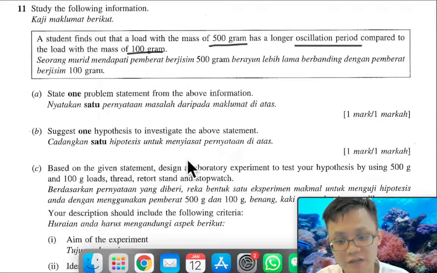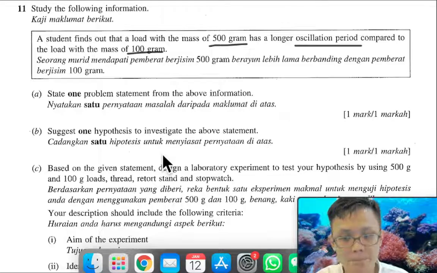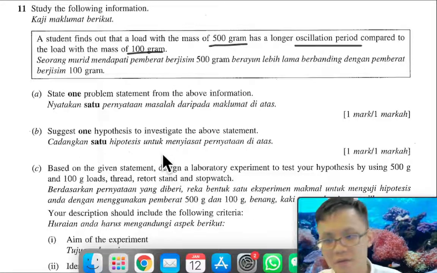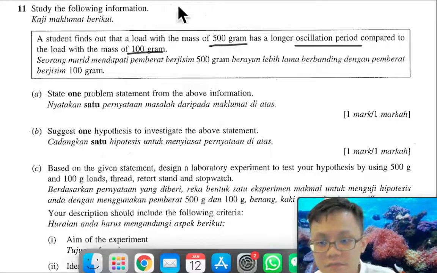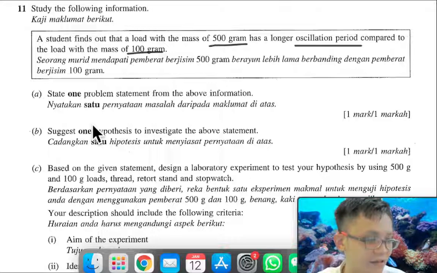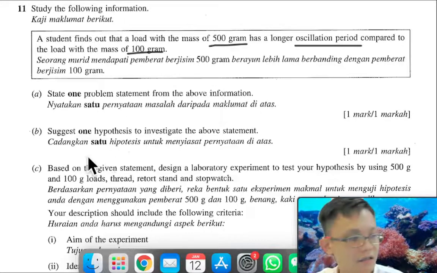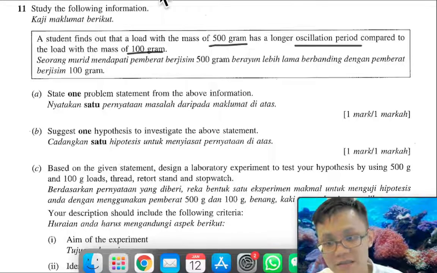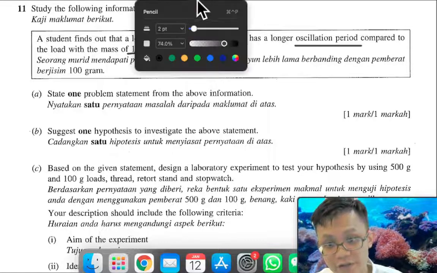So what is the hypothesis of the experiment? The larger the mass, the larger the inertia. The larger the mass, the longer the oscillation period. Yeah, the larger the mass, the larger the inertia, or the larger the mass, the longer the oscillation period.